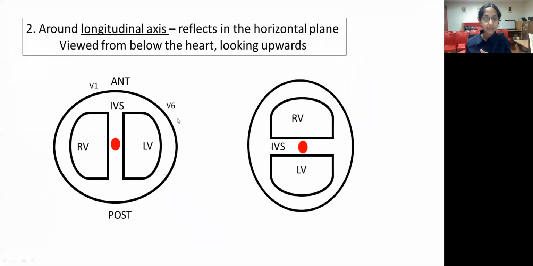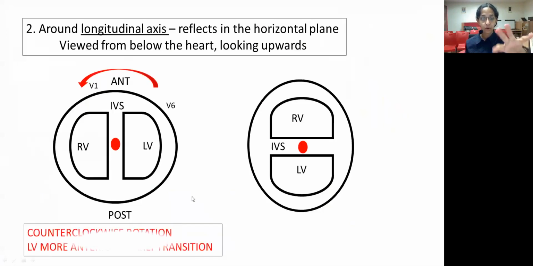Now in this, when the rotation happens, imagine if the rotation happens like this, it is called counterclockwise rotation. And if it's counterclockwise rotation, you can imagine that the left ventricle comes to lie more anteriorly, and your transition will happen early.